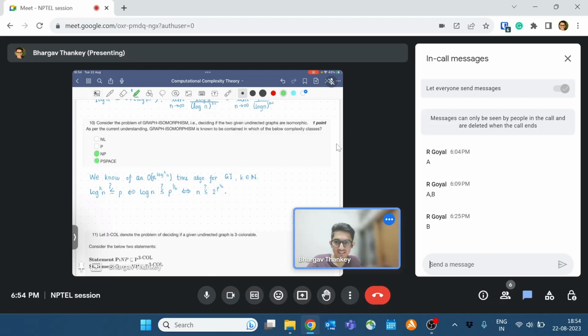Some believe that graph isomorphism is in P, but most believe it is not in P. In fact, a lot of people believe it is a candidate for being an NP intermediate problem. If P is not equal to NP, then Ladner's theorem says that such an NP intermediate problem must exist, and some people believe that GI is one such problem.